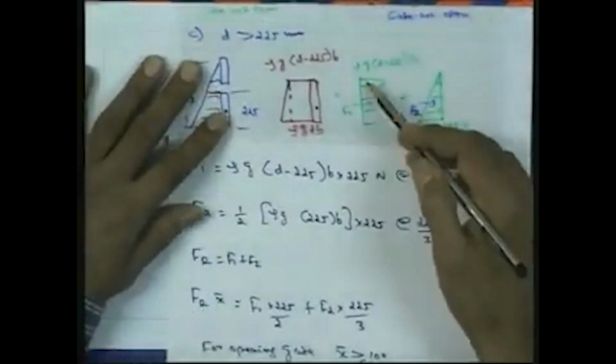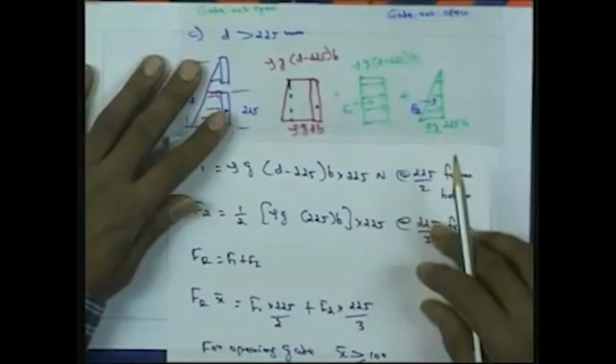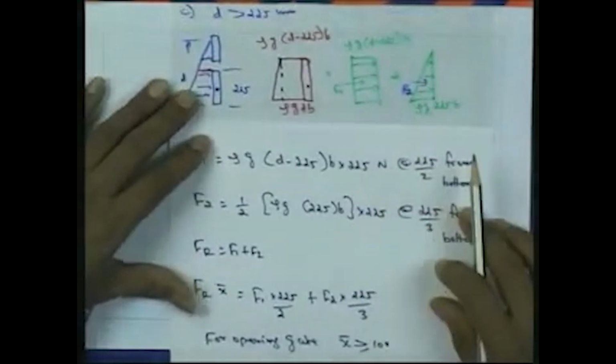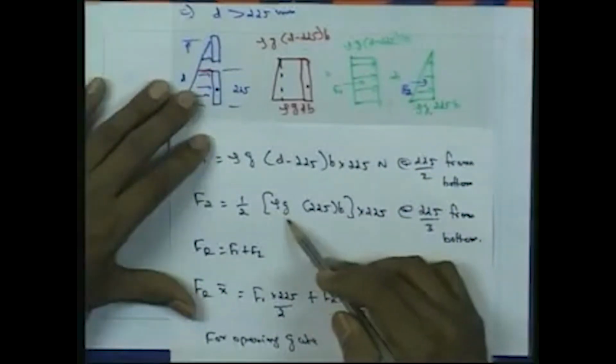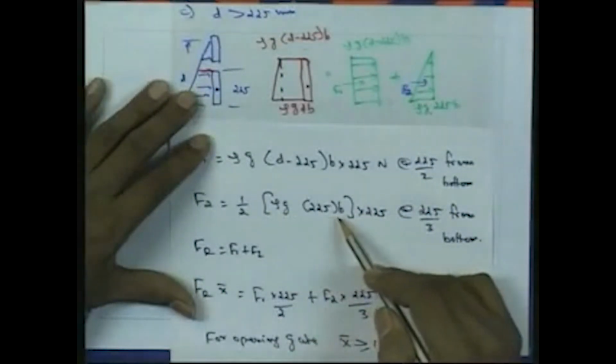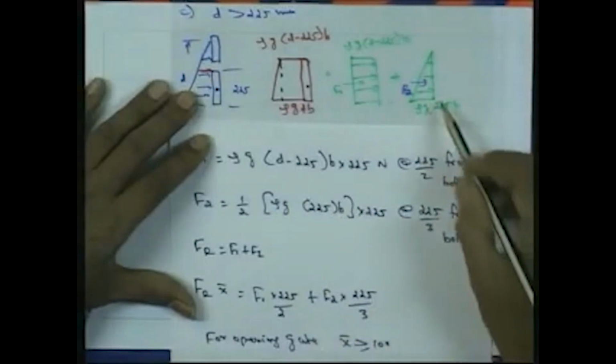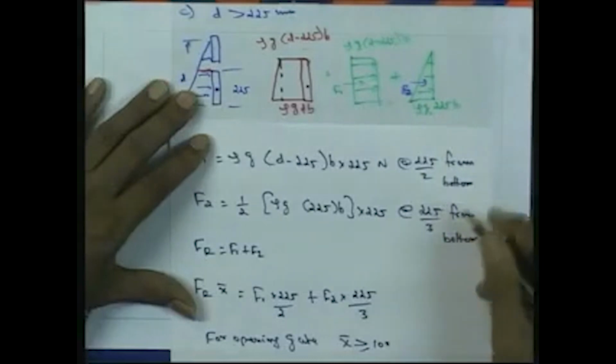That corresponds to the rectangular force distribution F1. Then we can determine F2 for the triangular pressure distribution. F2 is equal to half into rho into g into 225 into b multiplied by 225, which will be acting at 225 by 3 from the bottom.